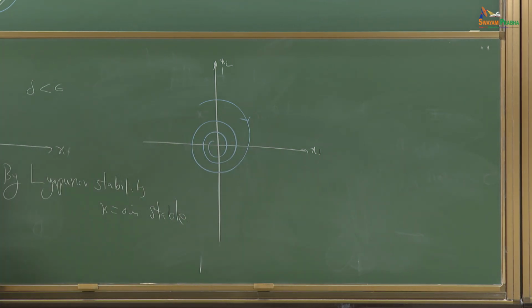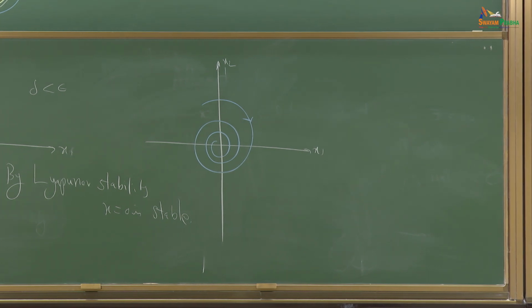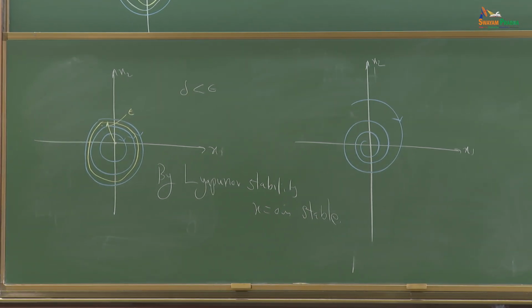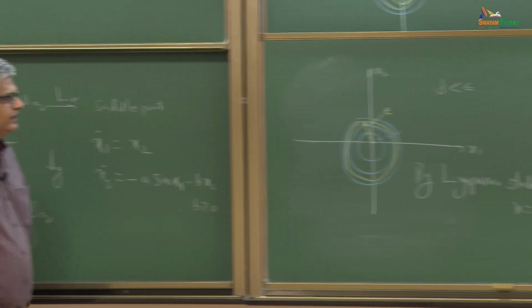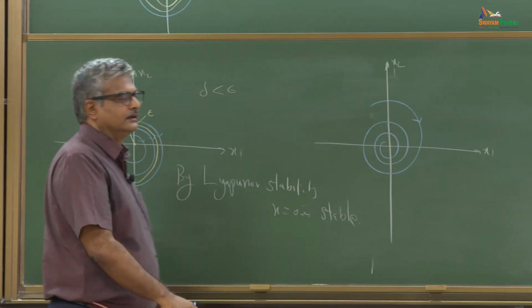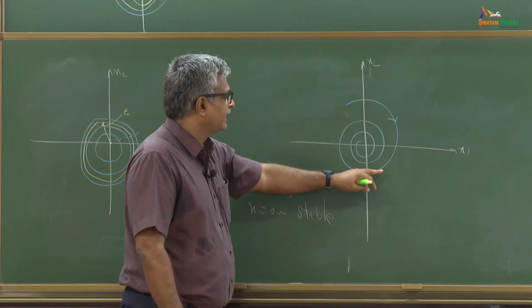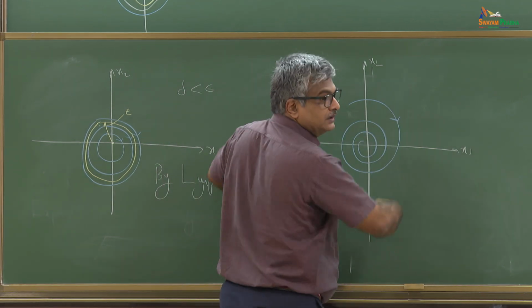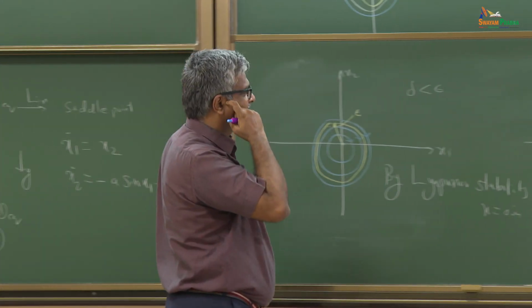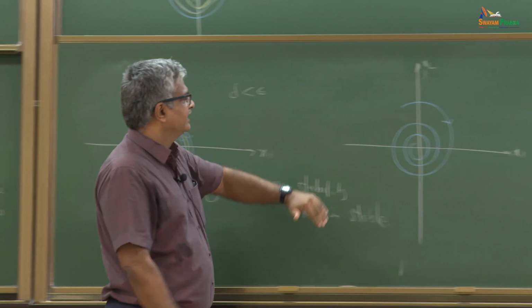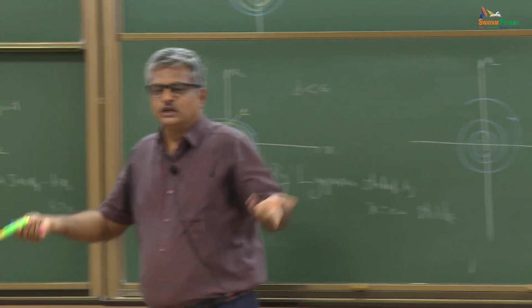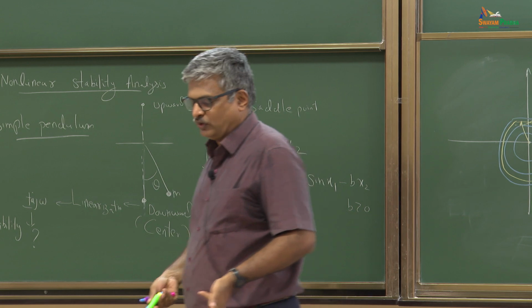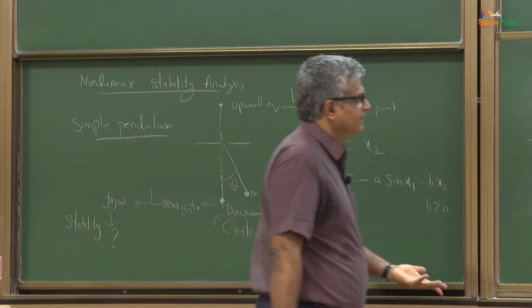It will become either a stable node or a stable focus, depending upon the constants A and B, but it will be stable. All the trajectories either spiral or come to the origin, because there is dissipation now, so you go from a higher energy to a lower energy. The downward position is the lowest energy equilibrium point, so it will go to that.